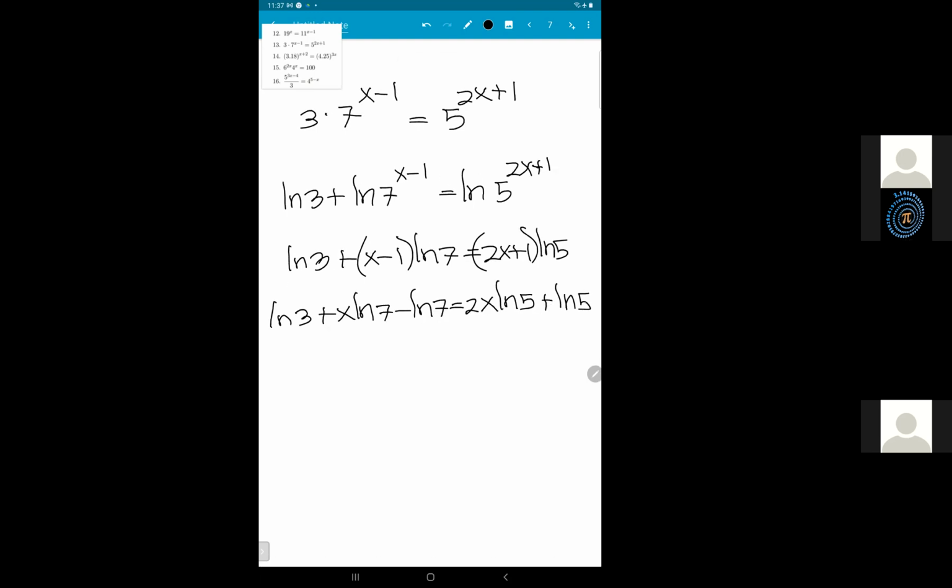And then collect all with x on one side. Let's put them all on the left-hand side. Then those without x, the other side.